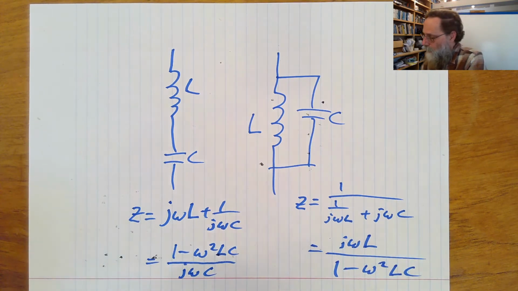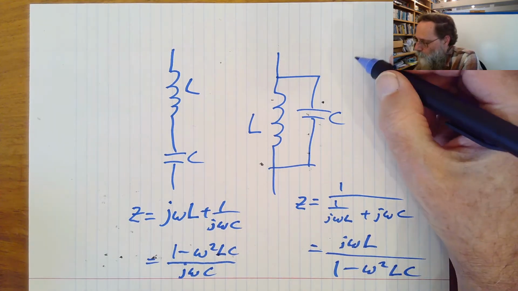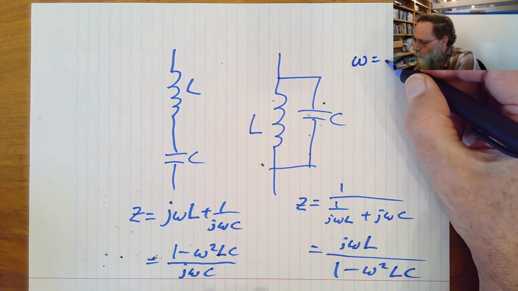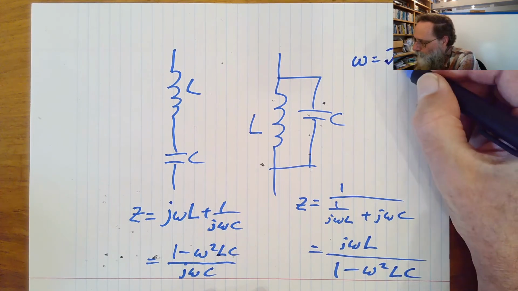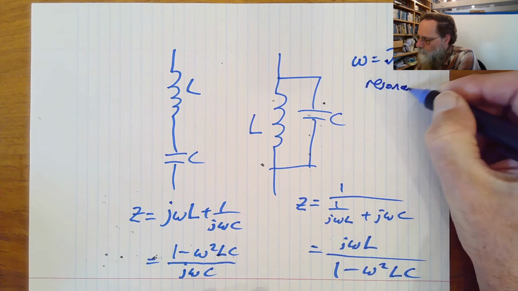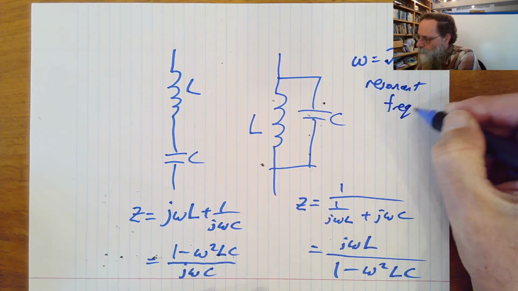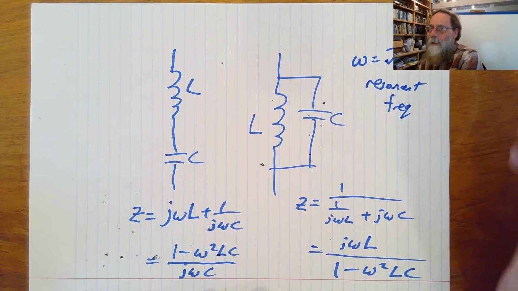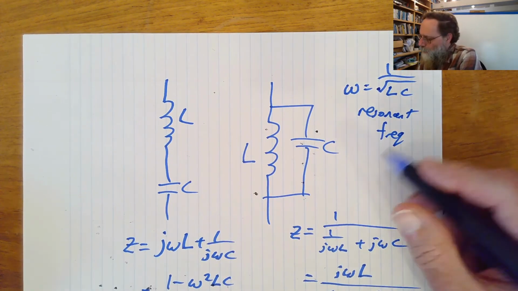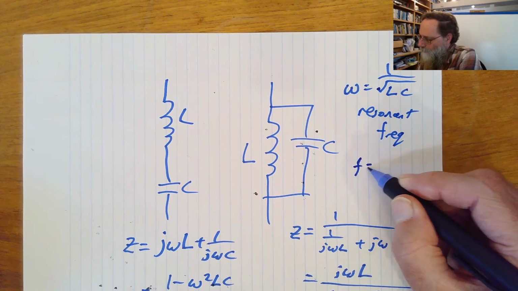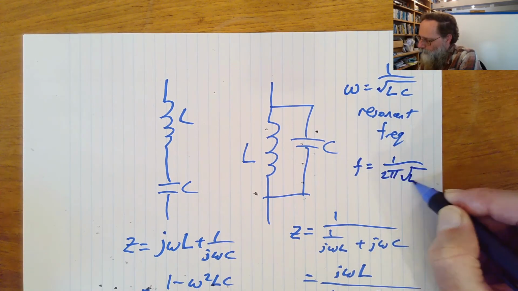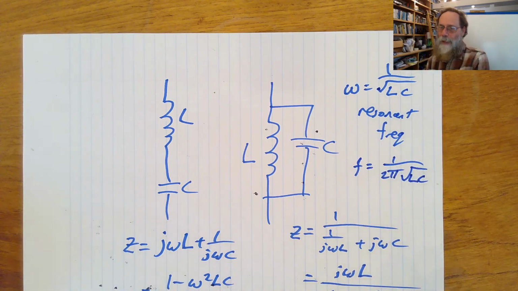And that going to 0, where omega is equal to 1 over the square root of LC, that's the resonant frequency. Or if you want to be a little bit more careful about that, you could write f equals 1 over 2 pi square root LC. So we're talking about frequencies rather than angular frequencies.